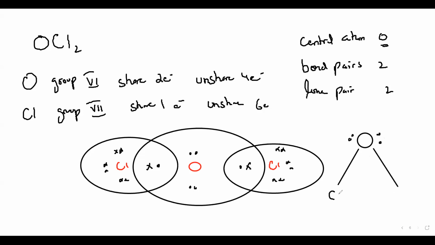We'll have chlorine, and this bond angle will be 104.5 degrees. It appears to be less than 104, but because of space I did not extend the angle; it should be 104.5 degrees. Is this idea of predicting the geometry or shape of the molecule clear?